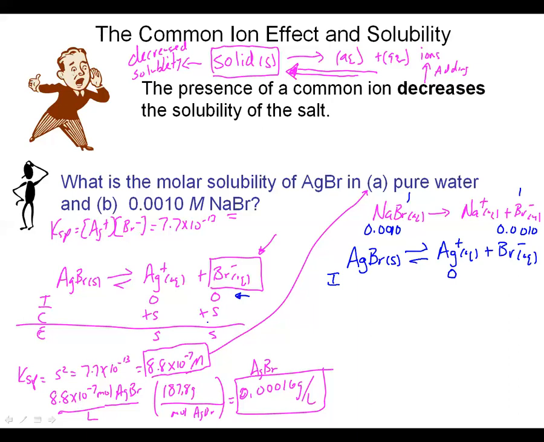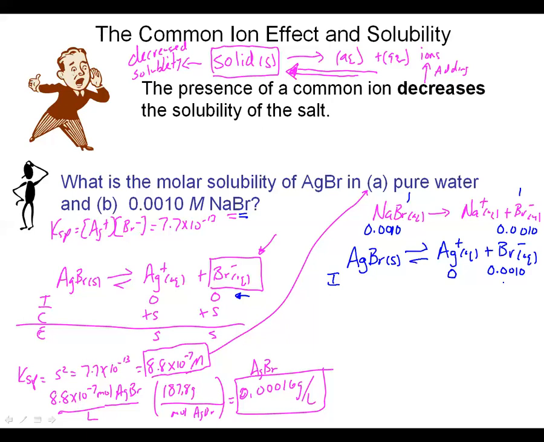Because in this particular case, the concentration of Br minus is not going to be zero, because this sodium bromide is going to supply a certain amount of bromide, which was 0.001 to begin with. So this is a slight difference in how we do this problem. We do have an initial concentration of that common ion.